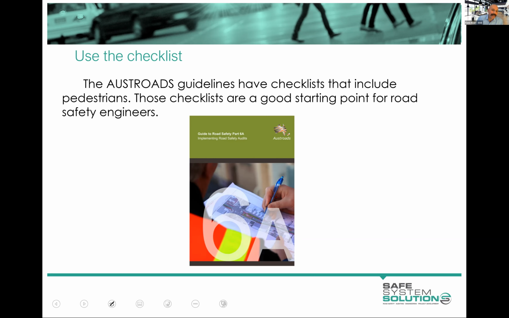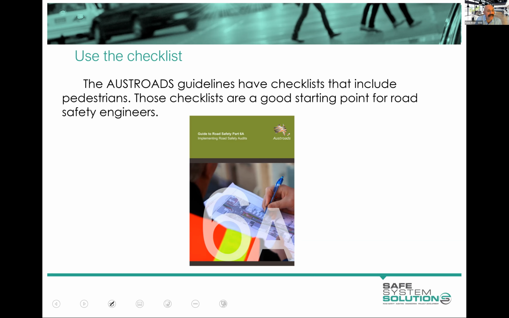But there's also something I haven't told you, which is that the Austroads Guide to Road Safety has these things called checklists. Now, we're actually changing the name of them in the next update to prompt lists. What they do is they go through heaps of questions that guide your thinking and prompt you to think about different aspects.